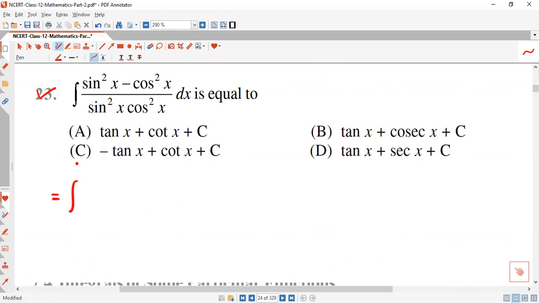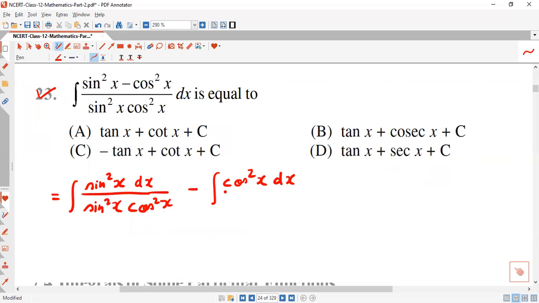If I separate the terms, we are getting sin square x divided by sin square x cos square x, minus the integration of cos square x dx divided by sin square x cos square x.